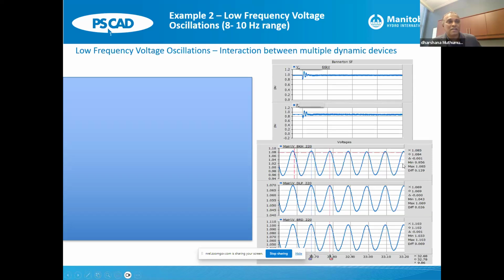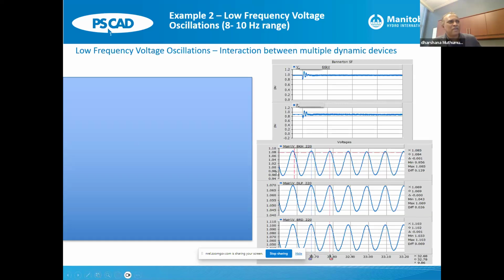And we have shown that if you don't model a significantly large area, you could miss observing these issues. The magnitude is very small, but 8 to 10 hertz is the worst frequency for visible flicker. That's why this is a major concern.